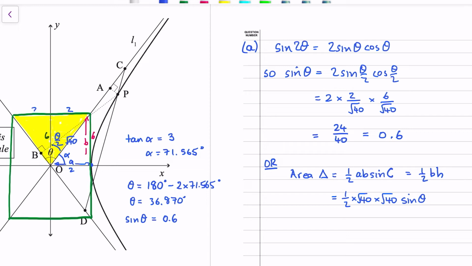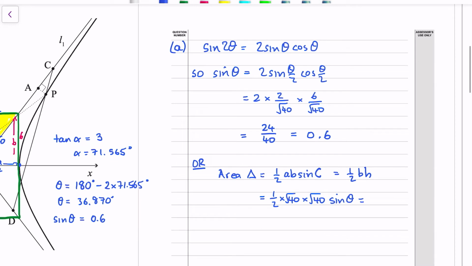Okay, it's 4 across and 6 high, so it'd be half times 4 times 6, and then I can use this equation equating the areas to get sine theta. Sine theta is equal to 24 divided by 40, and I get the same answer as before. So that's quite neat. Now this area of a triangle formula, we're going to use that in part C when it looks at minimizing the area of a triangle.